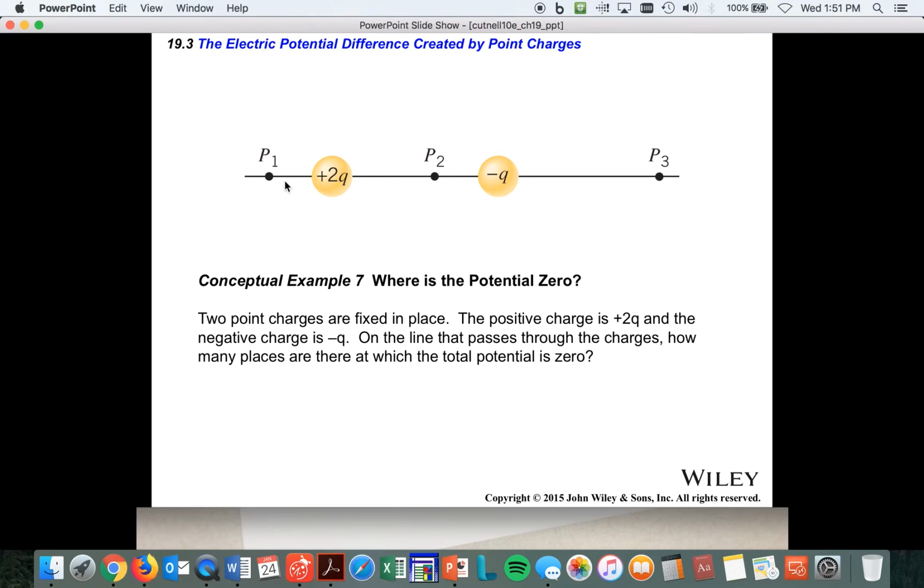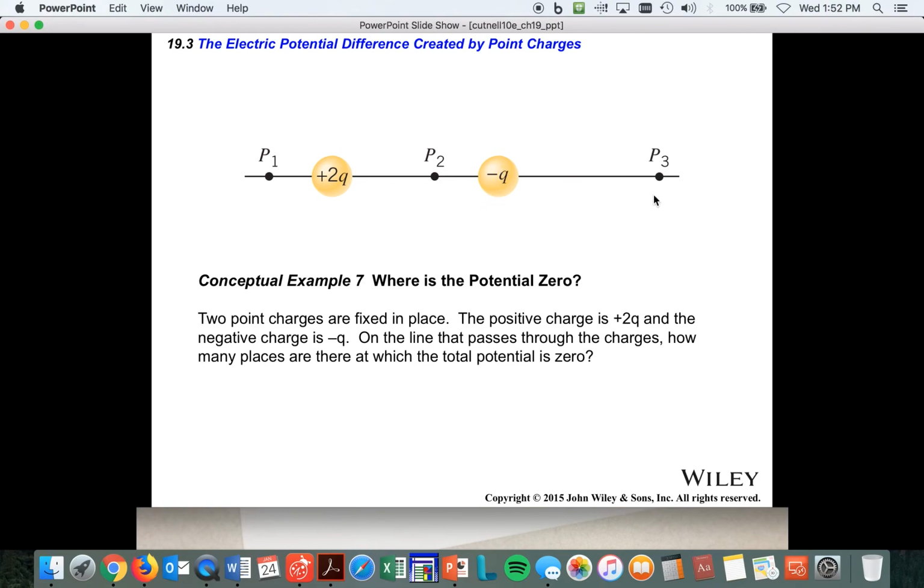Right here this positive charge will dominate this one. The negative charge will kind of dominate this one, and it's going to be divided. Oh, it looks like this is 2 segments. Looks like it might be a P2.